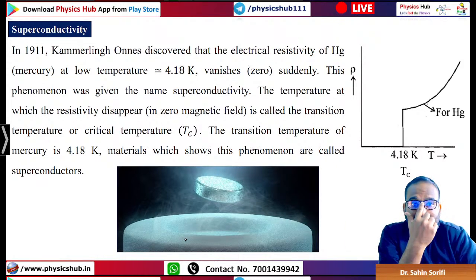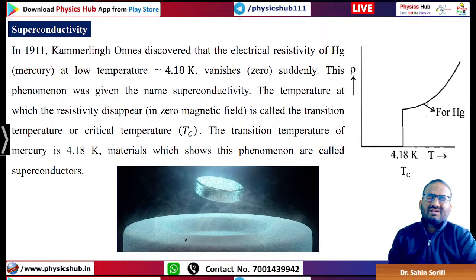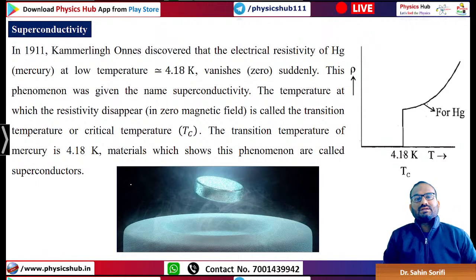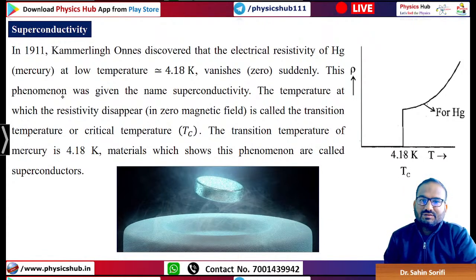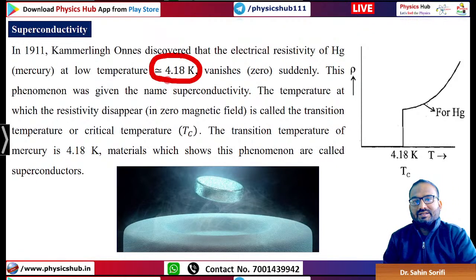Okay, so let us talk about superconductivity. In the year 1911, Kamerlingh Onnes discovered that the electrical resistivity of mercury vanishes at low temperature, 4.18 Kelvin. So this is the plot of resistivity versus temperature.